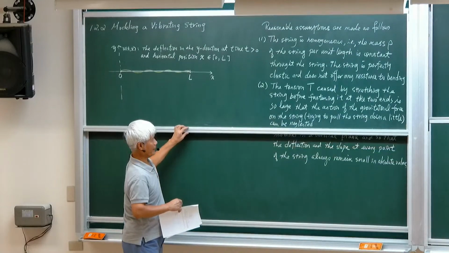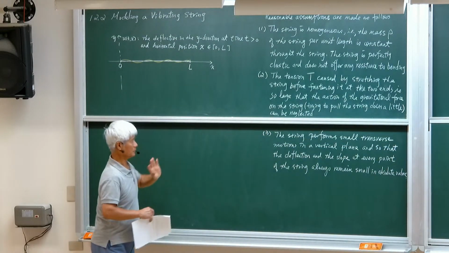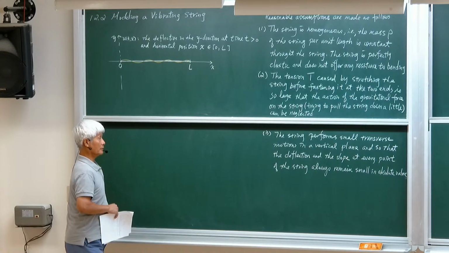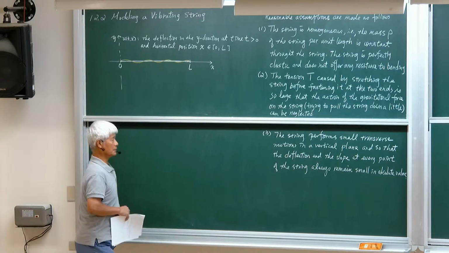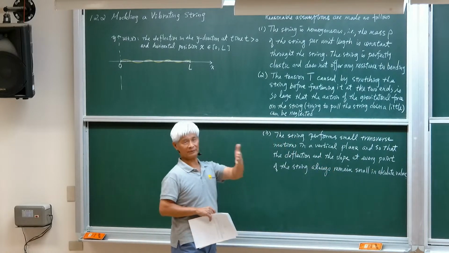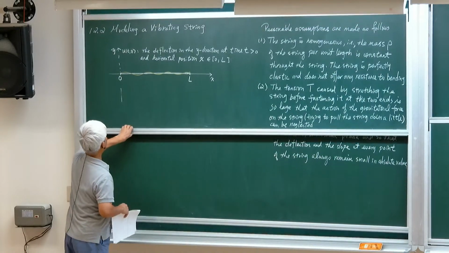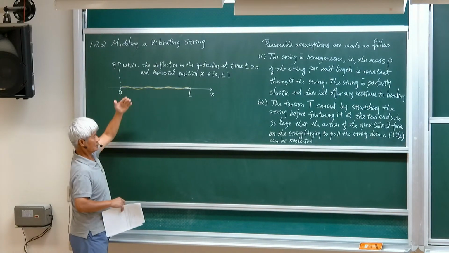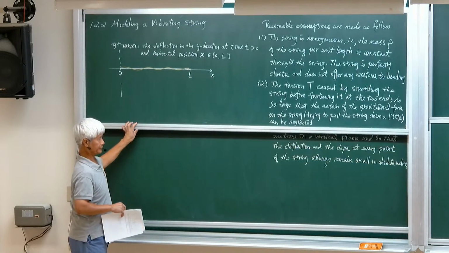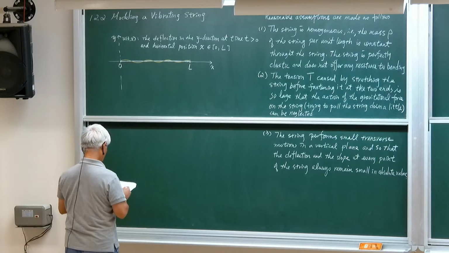And the slope will be small in absolute value, because the slope can be positive or negative, and the deflection may be in the positive y or negative y, but the absolute value will be small. So this is the small vibration.